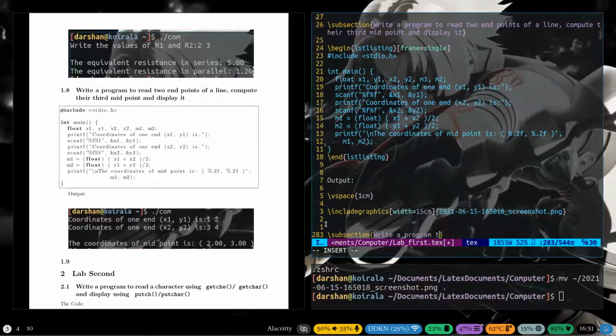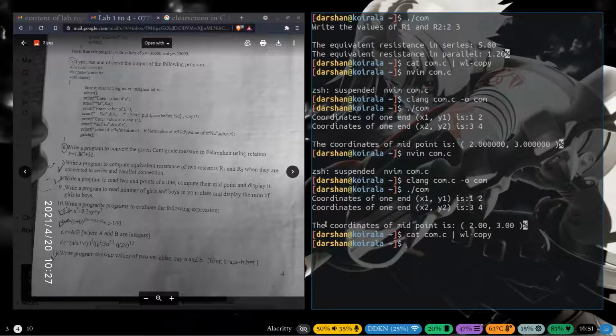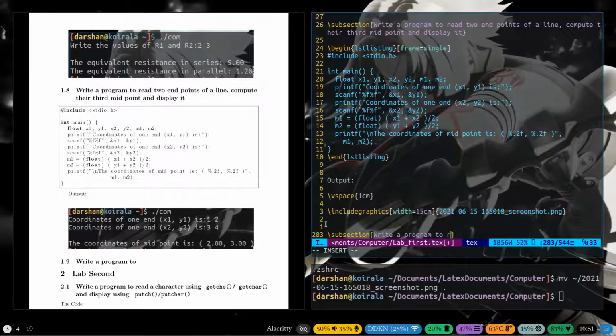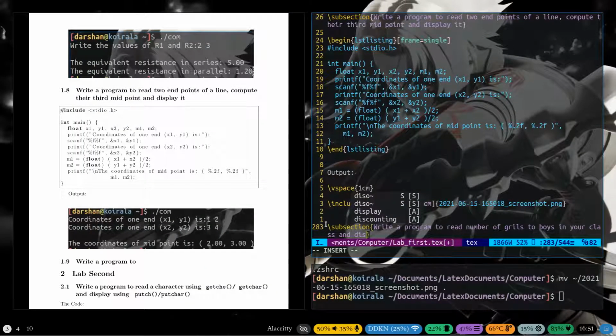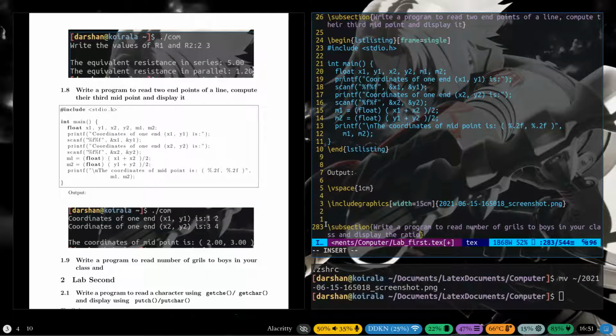Write a program to read number of girls to boys in your class and display the ratio of girls to boys. Ratio of girls to boys.